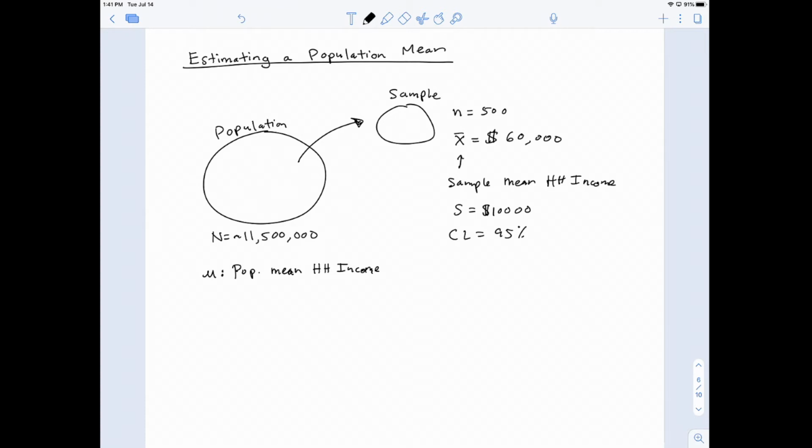So after taking all of this into account, we can calculate a margin of error. Let's just say the margin of error is $879.